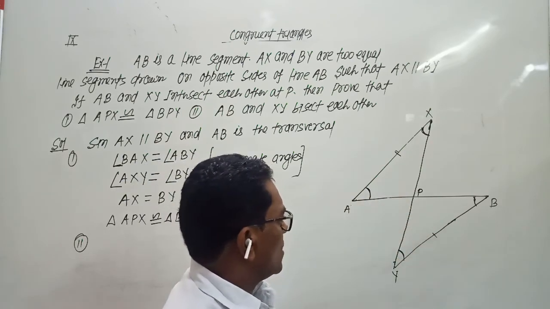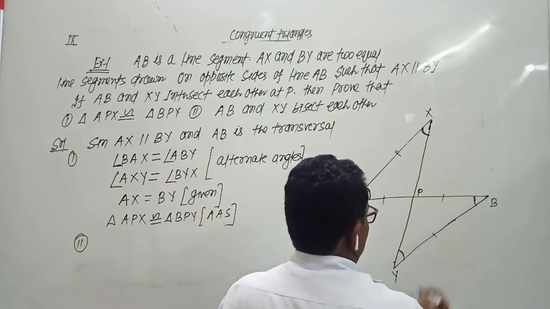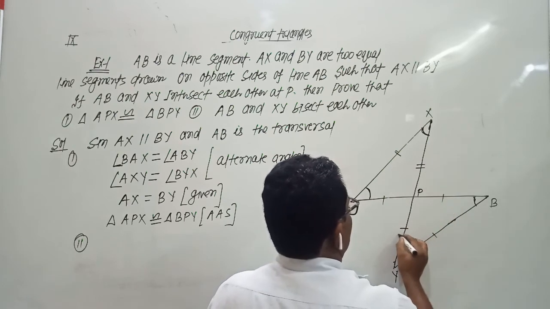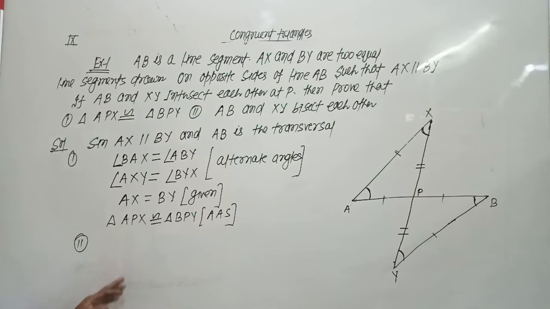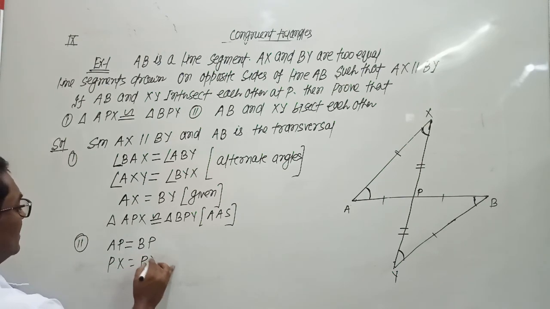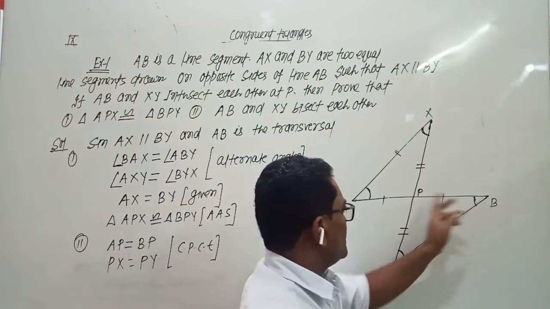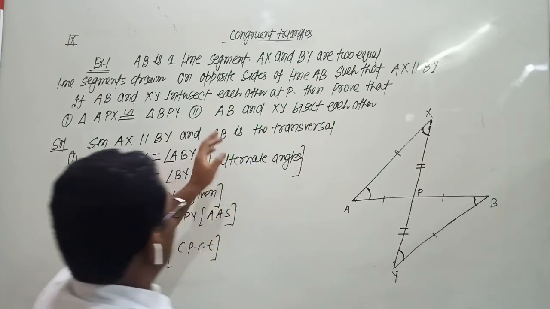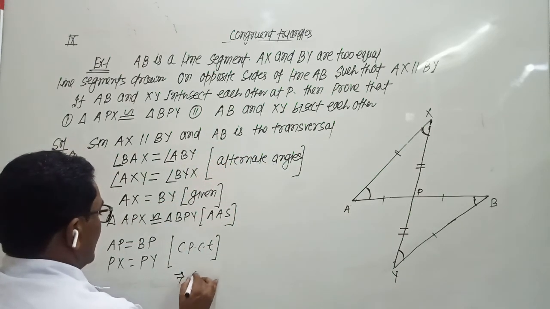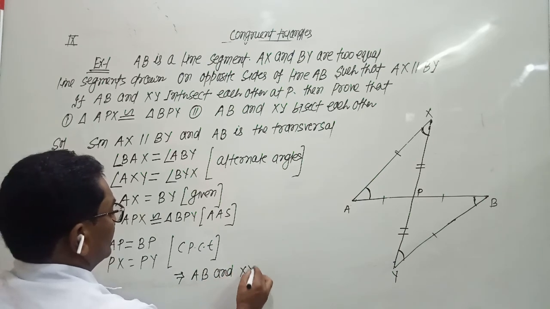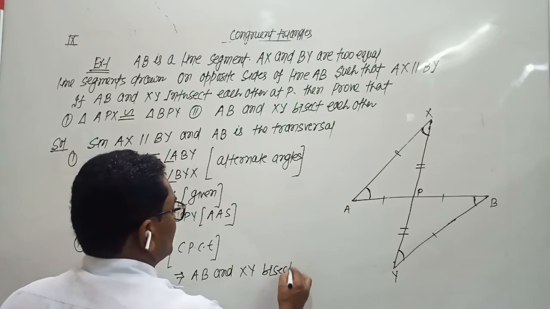So since these two triangles are congruent, therefore side AP equals side BP and side PX equals side PY, by CPCT. And if AP equals BP and PX equals PY, it proves that AB and XY bisect each other.